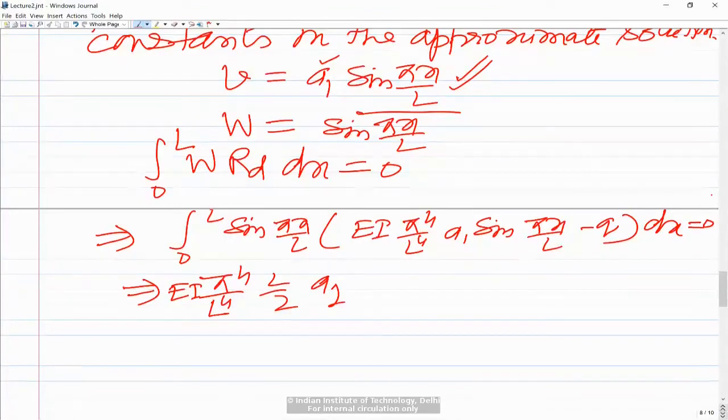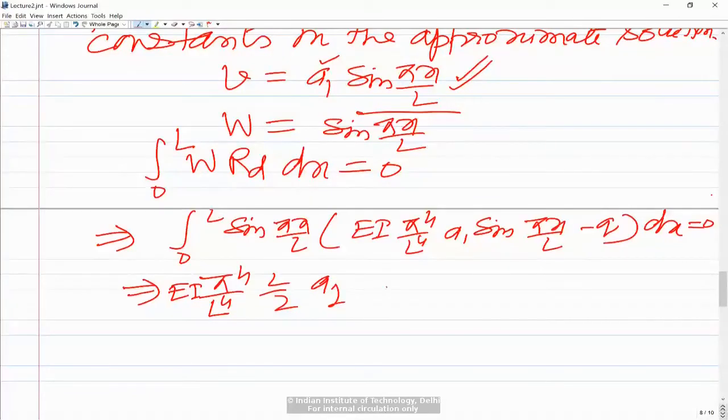So the integral of the first term, sine square pi x by L, is L by 2, and the other terms are EI pi power 4 upon L power 4 A1. They are already there. The second term is going to be integral 0 to L of minus q into sine pi x by L. The integral of sine pi x by L from 0 to L is going to be basically 2L by pi.